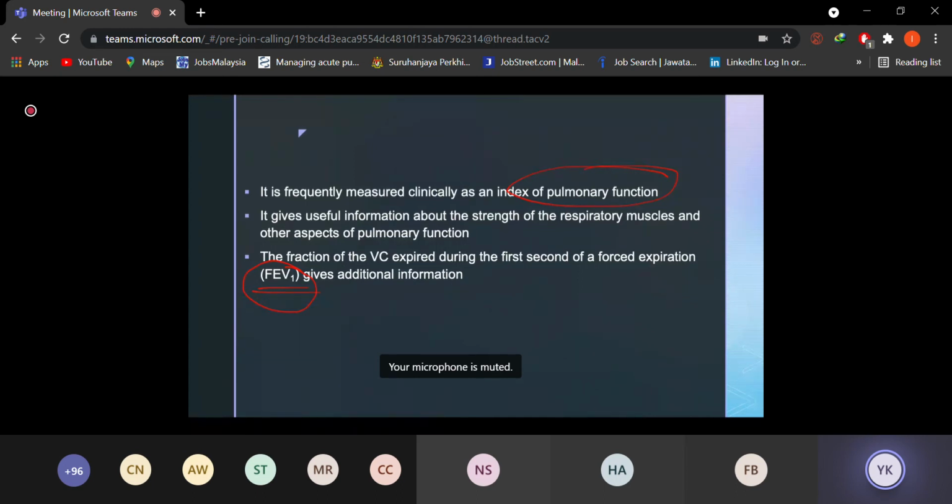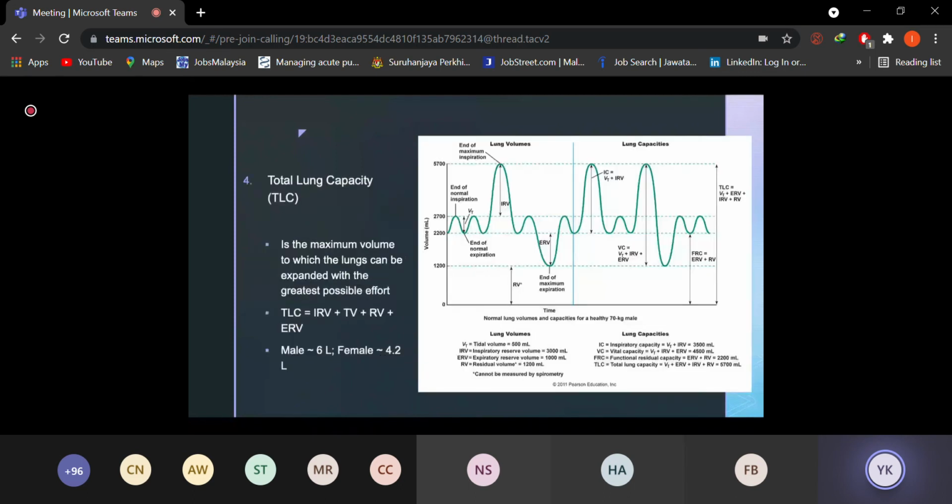Okay, next is the total lung capacity, TLC. This one is the TLC, including the vital capacity, the ERV, IRV, and also your residual volume. Only the tidal volume, ERV, and IRV, that will be your vital capacity, without the residual volume.